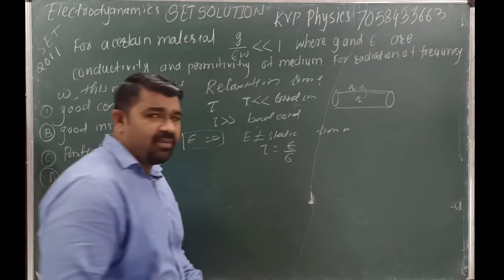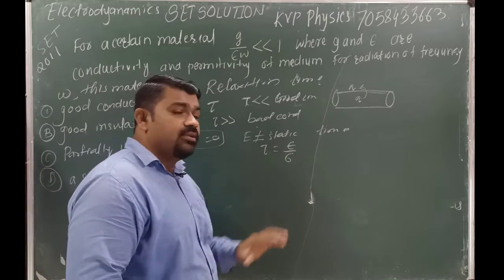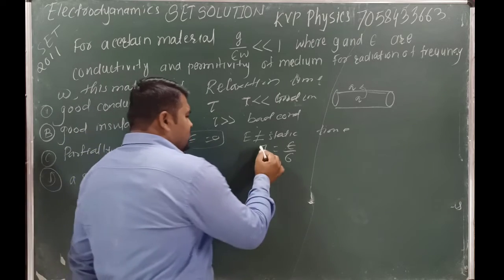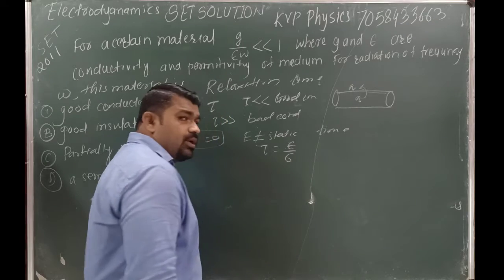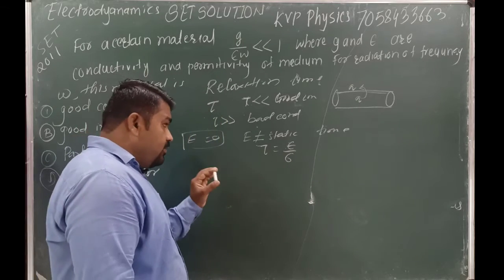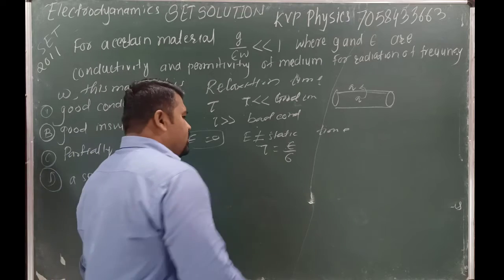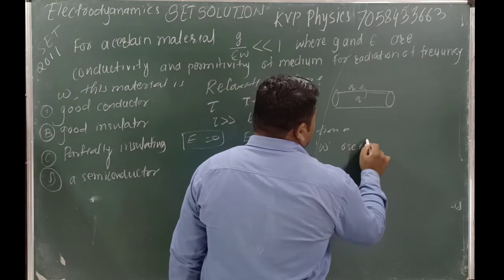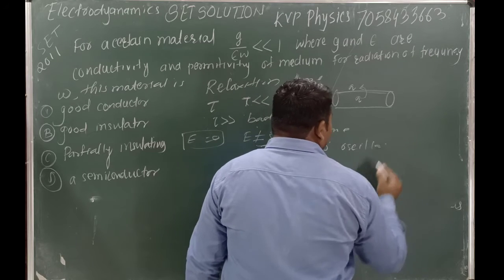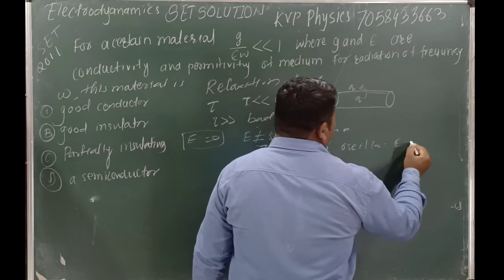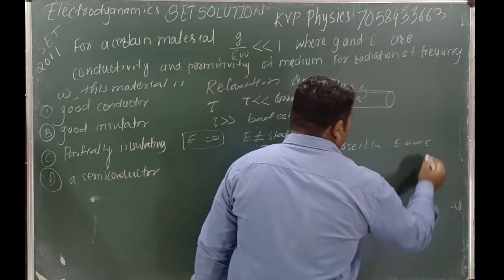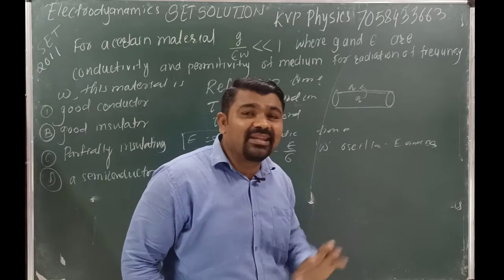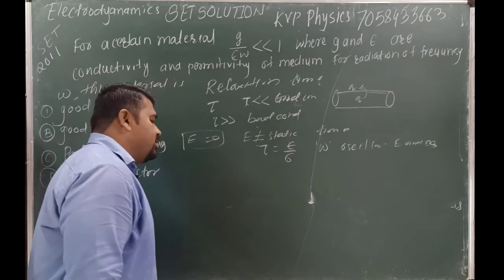Epsilon is the permittivity, sigma is the conductivity. Tau is equal to epsilon upon sigma. So relaxation time depends upon these two quantities. Now here omega is the frequency of oscillation of the electric field and magnetic field, meaning the frequencies are related with the electric and magnetic wave.